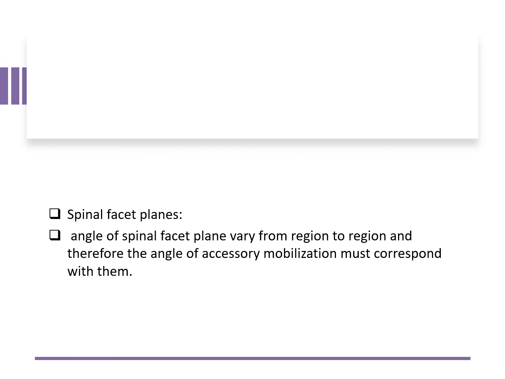The angle of the spinal facet plane varies from region to region, and therefore the angle of accessory mobilization must correspond with them. So depending on what region you are treating, your glide direction will change. The treatment in detail we will discuss in the next module. So this was about the basics of Mulligan's concept.